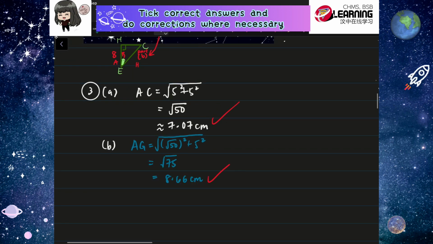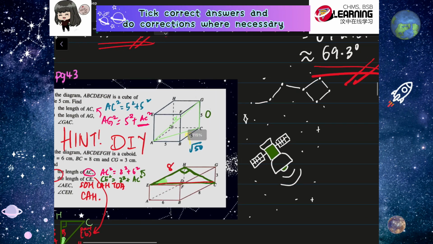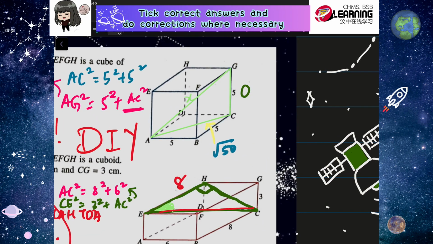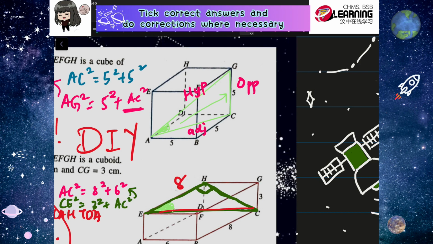And then for part C, you need to find the angle GAC. Angle GAC is here, in the same triangle. This is the angle that you need to find. You can use SOHCAHTOA, anything, because you have your opposite already, you also have your hypotenuse, and you have your adjacent. So it's up to you what you want to use.